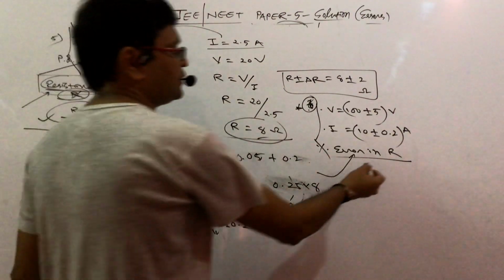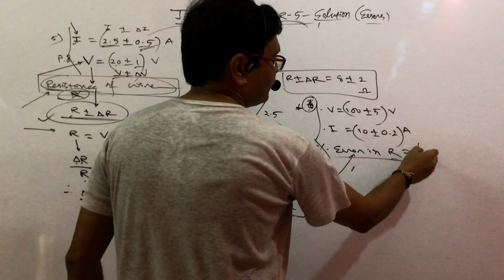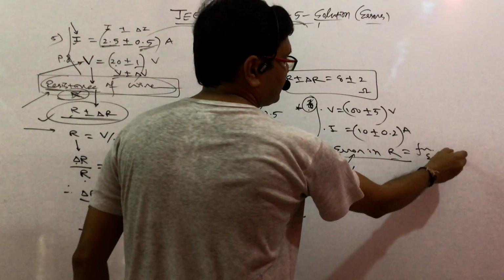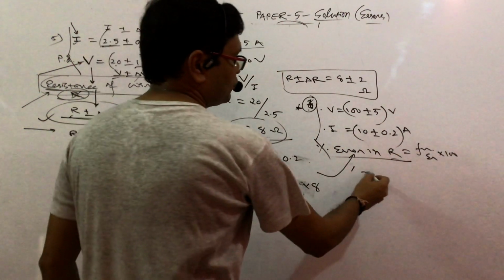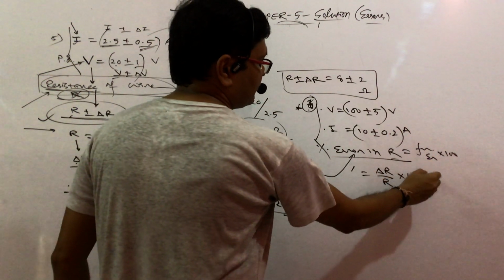Here it is the percentage error in R. Percentage error in resistance means fractional error multiplied by 100. We know that: fractional error means delta R by R multiplied by 100.